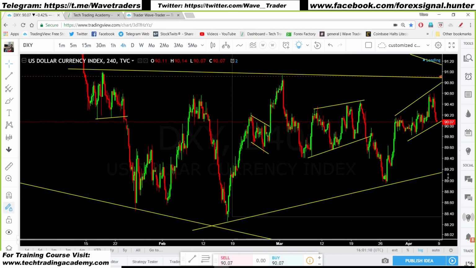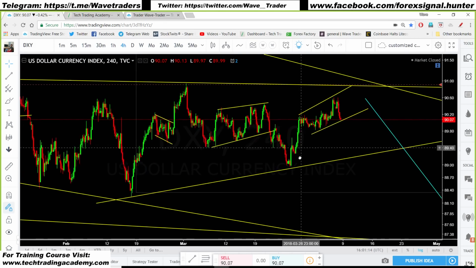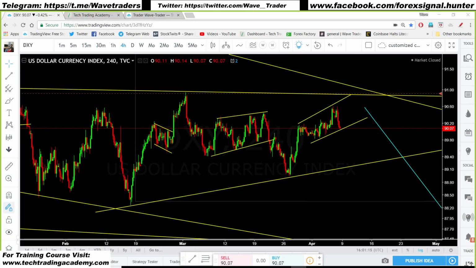On lower time frame, like on 4-hour time frame, it is struggling for upside. If you're going to see correction at this area, look for it to continue to the downside. Otherwise, what will price do? It will keep pushing for upside, and look for sell from that high to the downside.